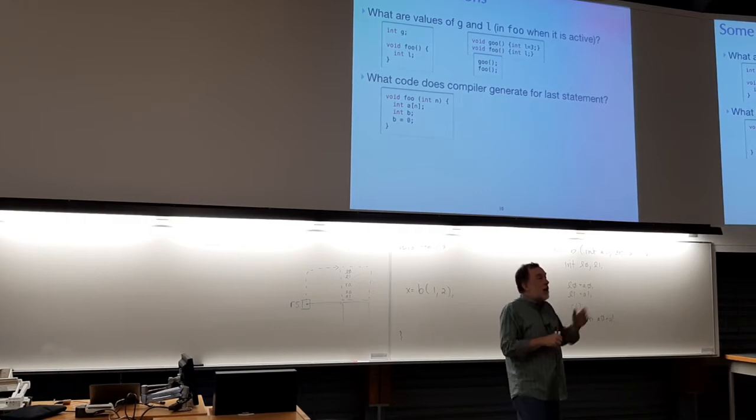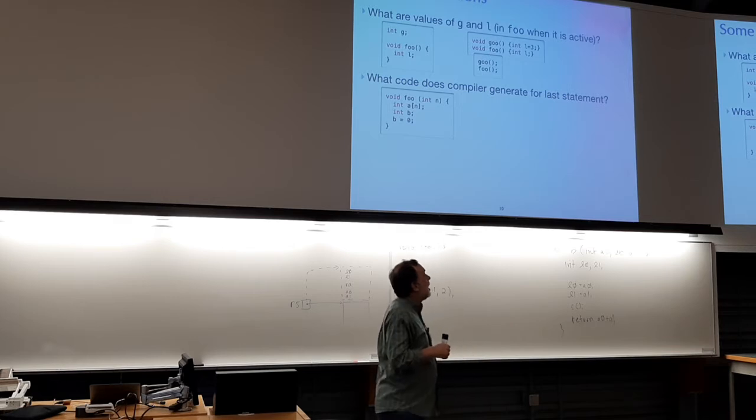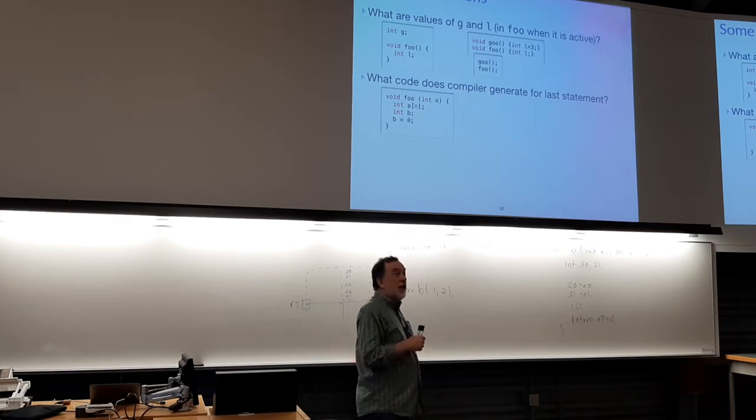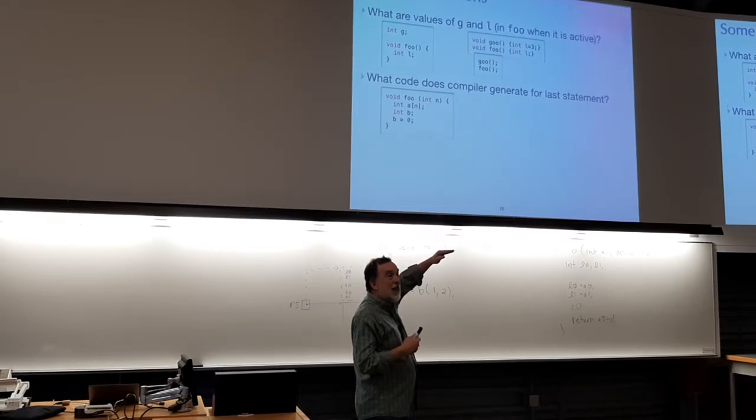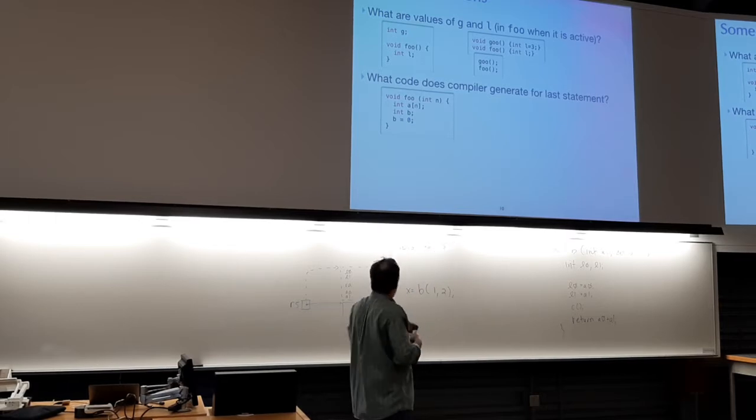Then we also saw on the right-hand side here that depending on the sequence of calls that occur, you can know what L is. So if foo and goo both have a local variable in the same position in their activation frame, and you call goo and then foo, and goo puts a number there.